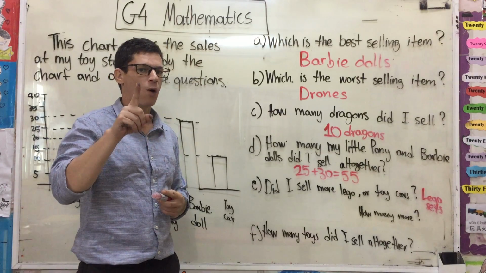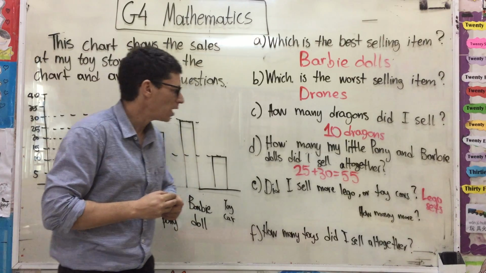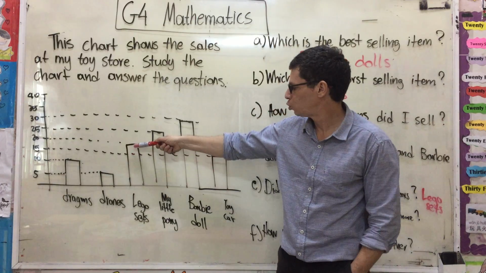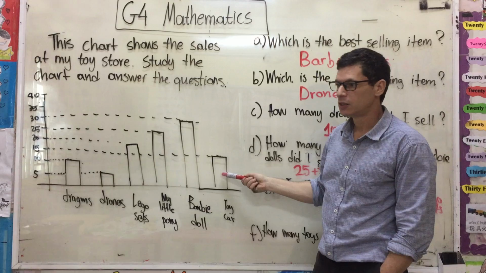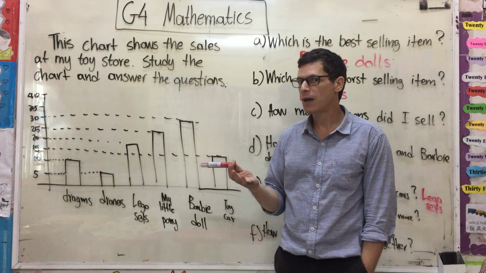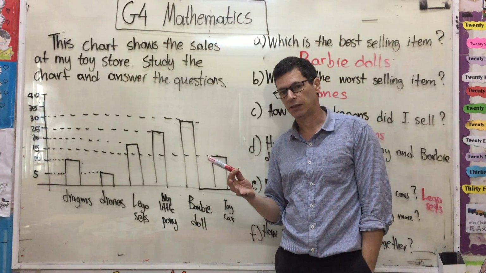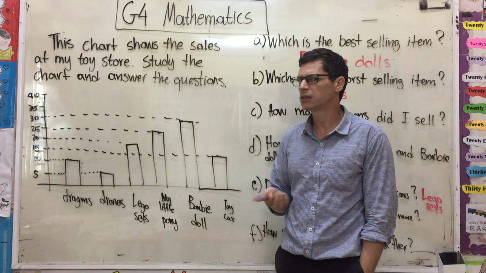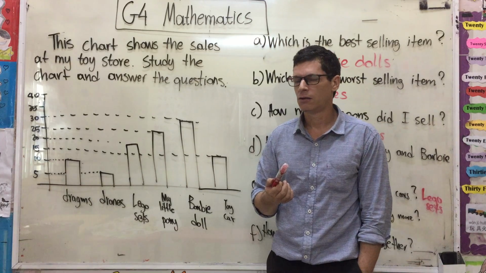Okay, how many more? Did I sell one more? 100 more? Let's take a look. We sold 20 Lego sets and 15 toy cars. We have more Lego sets than toy cars. How many more? One is 20, the other is 15. We know 20 is bigger than 15, no question about it, but how much bigger is it?